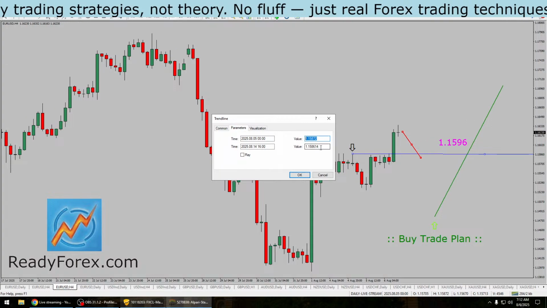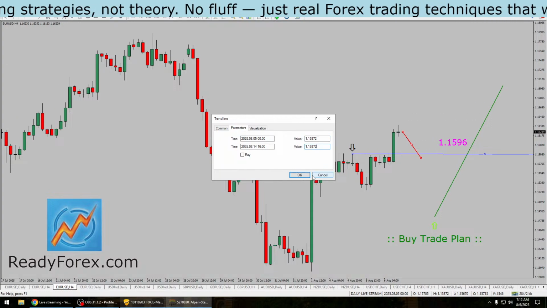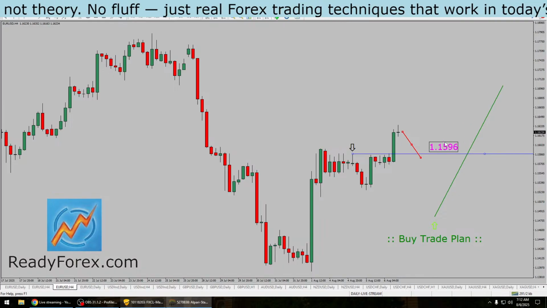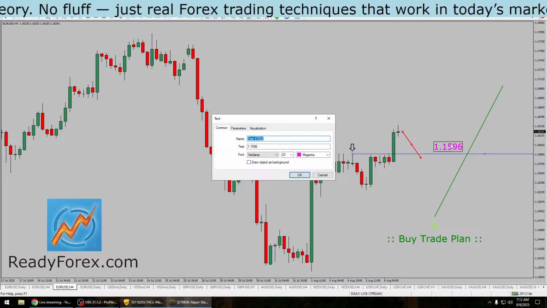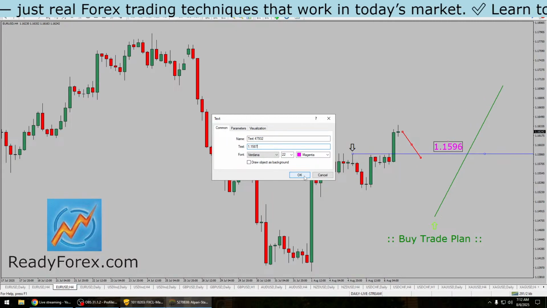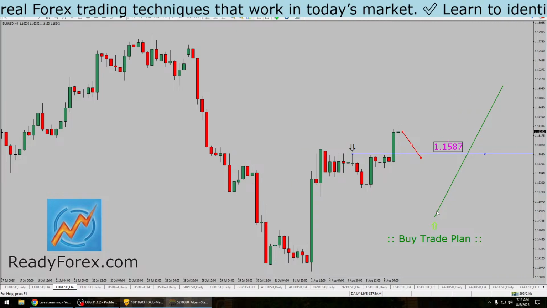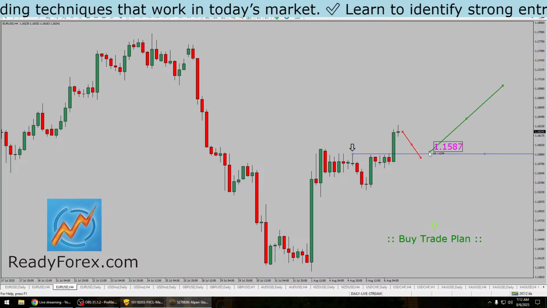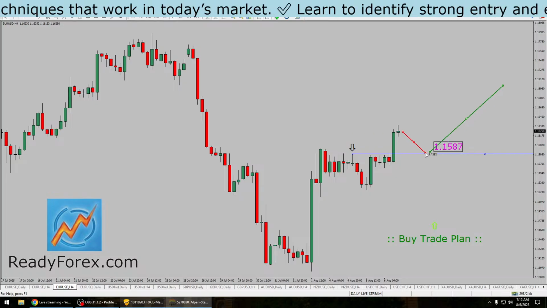So 1.1587, price action could show us a pullback at the 1.1587 area, and then expect the upside. Okay, so wait for a potential pullback.